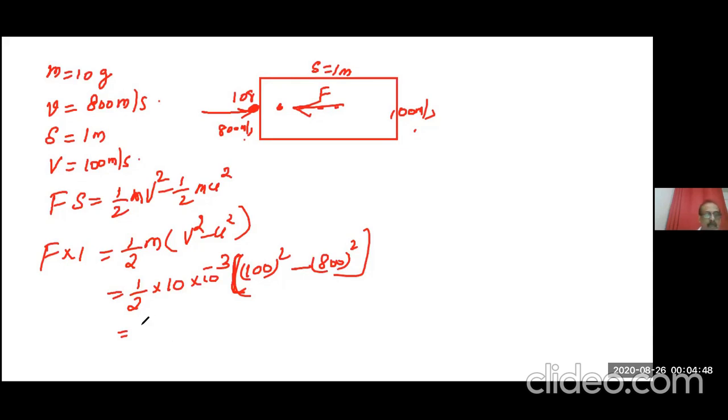Final answer will come minus 3150 Newton. This will be the final answer. You must check. Then tell me if any difference in the answer.